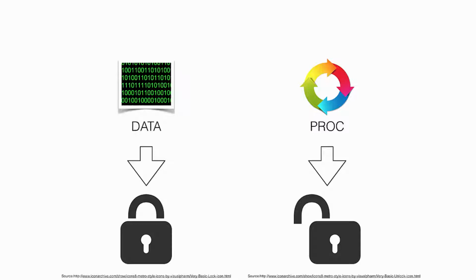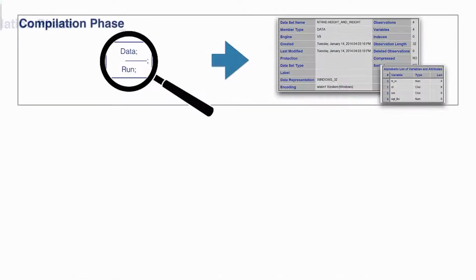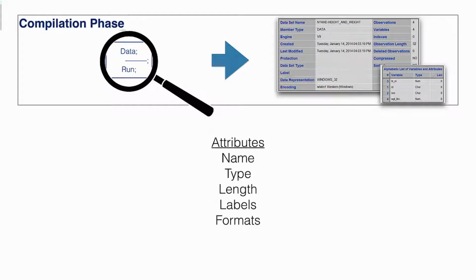However, if you include them in a proc step, they're only associated with the variables in the output of that specific report. Remember that the descriptor portion of SAS datasets stores variable attributes such as the name, type, and length of your variables. You can also add labels and formats to the descriptor portion of the SAS dataset in a data step in order to permanently associate them with variables.